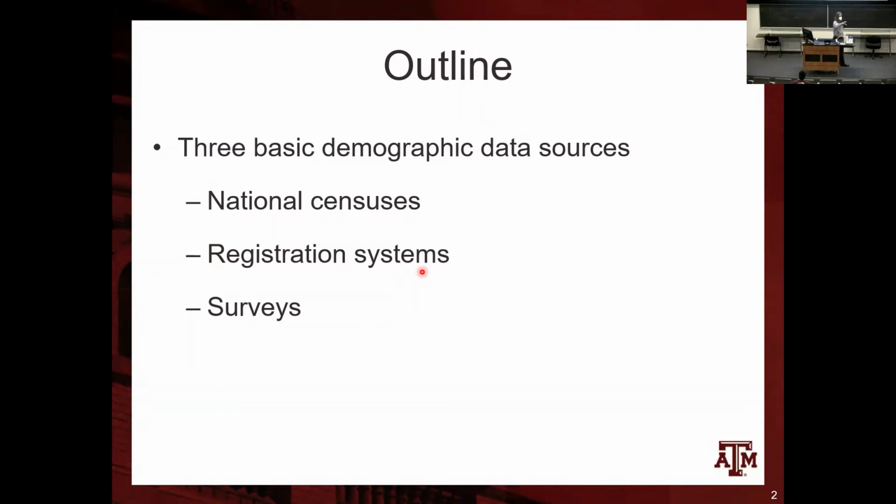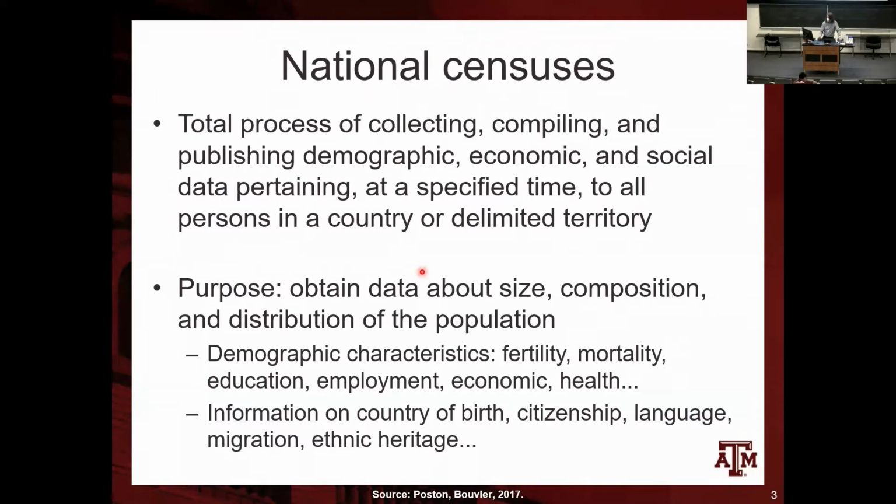But in that case, since I don't have as much money and I want to have more detailed information, instead of collecting information about everybody in my population, I select a sample of that population and then I implement the survey, okay?